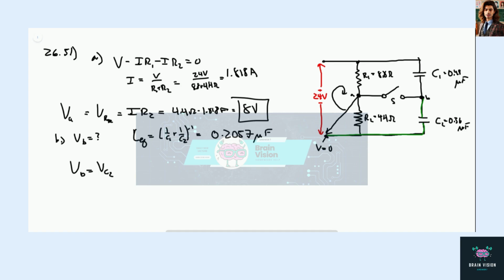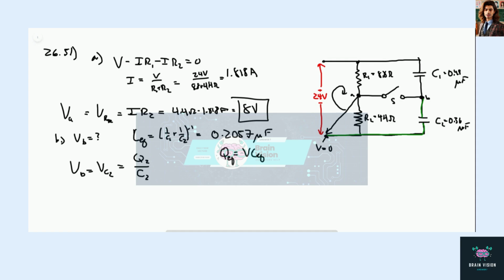Now the voltage across the capacitor is given by the charge on the capacitor over the capacitance. Let's go back to the equivalent capacitance of our circuit. We can write the equivalent charge of the circuit as the voltage times the equivalent capacitance. We already know the overall voltage drop across both capacitors is 24 volts.